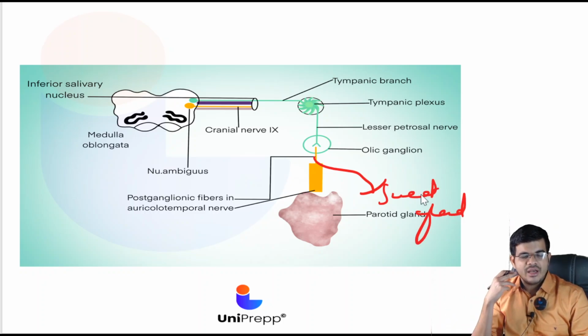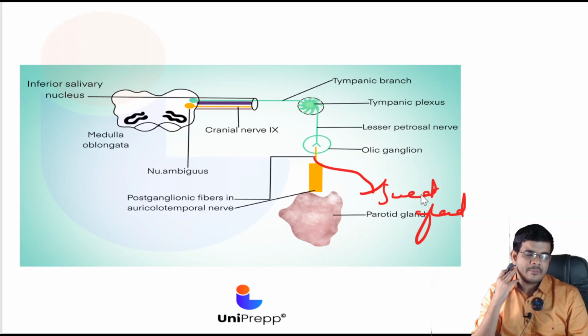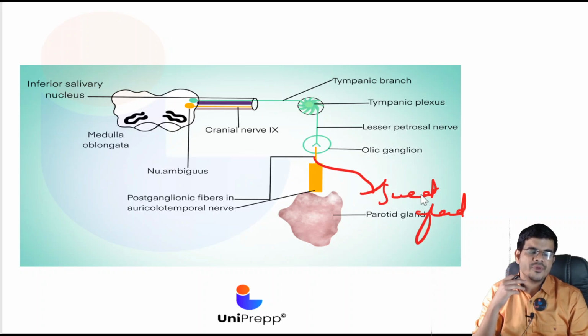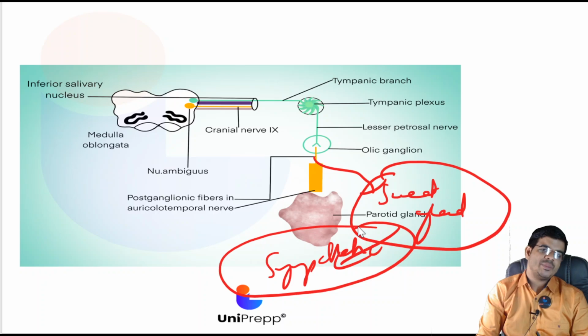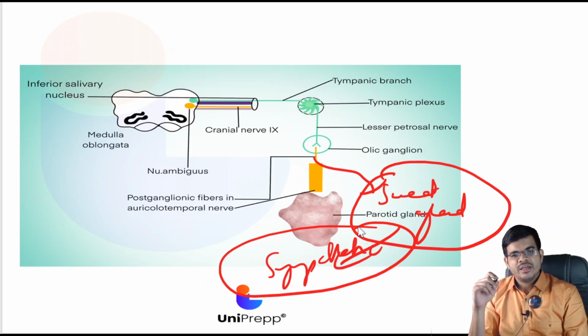It is seen in the dermis, in the area of innervation of the greater auricular nerve, as well as the area supplied by the mandibular nerve. All those areas have secretomotor innervation for the sweat gland as well, but the only difference is that it is supplied by sympathetic fibers. All other glands are supplied by parasympathetic fibers, whereas the sweat gland is supplied by sympathetic fibers.